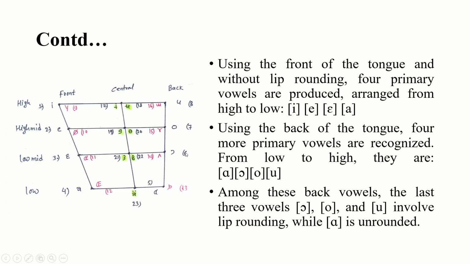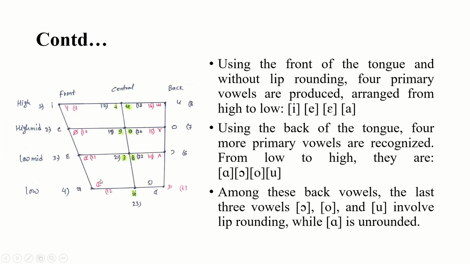Number 6 is here, and this is the number 6 cardinal vowel. Number 7 is here, and this vowel is the number 7 cardinal vowel. Number 8 is here, and this vowel is the number 8 cardinal vowel. So the cardinal vowels from 1 to 8 are primary cardinal vowels, and the others are secondary cardinal vowels. Later we will talk about them.